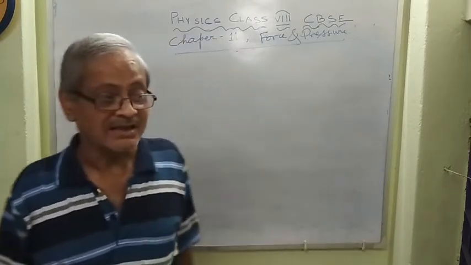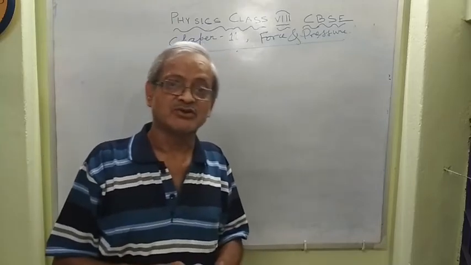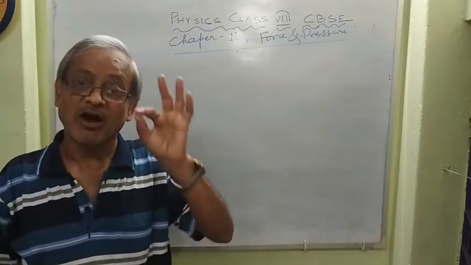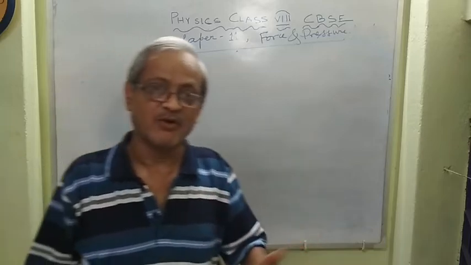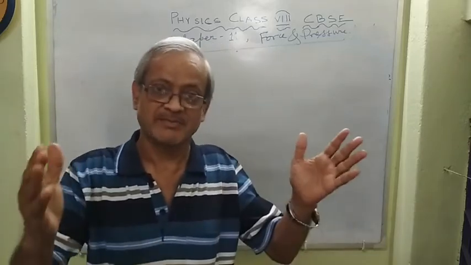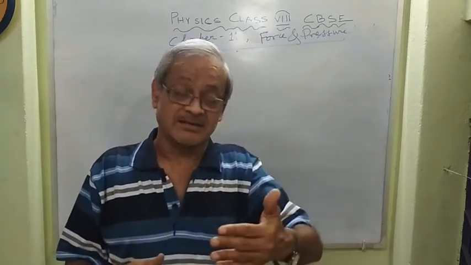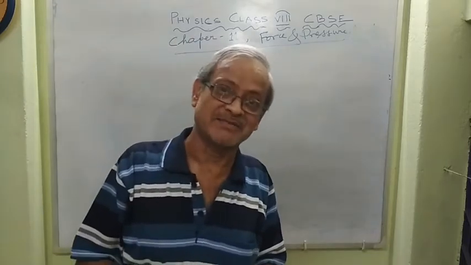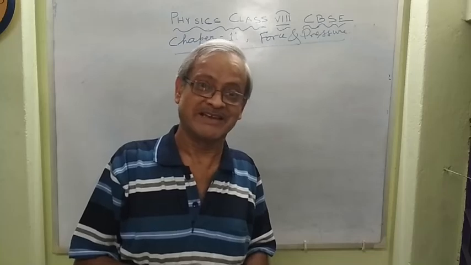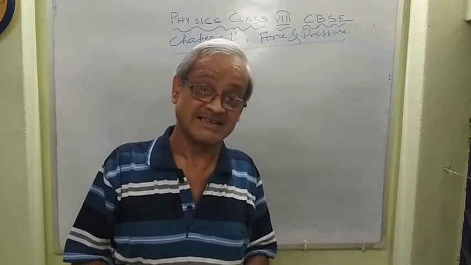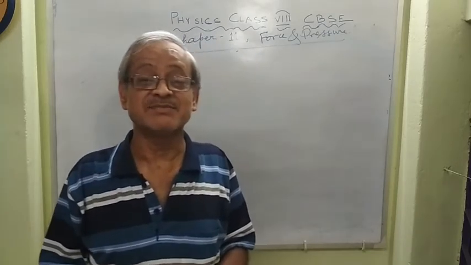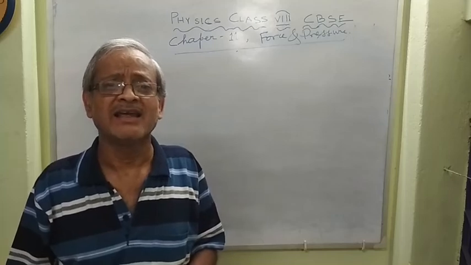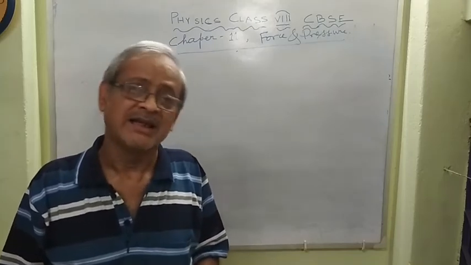Similarly, for magnetic force, a magnet of any kind has a north pole and a south pole, which always occur in pairs. A magnet attracts another magnetic substance, not necessarily a magnet. Magnetic substances include iron, cobalt, nickel, alnico alloy, and so on.